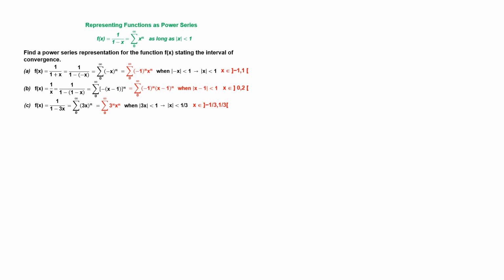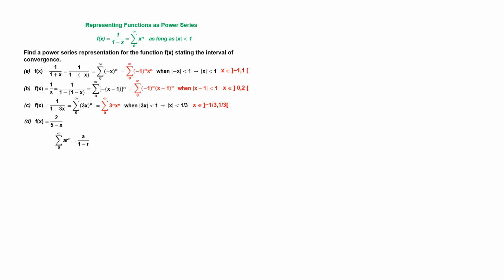To solve item D, basically, we do the same again. We rewrite f of x to fit the form of an infinite geometric series. But this function does not look like a geometric series. However, with a little algebraic manipulation, we can relate f of x to a geometric series.